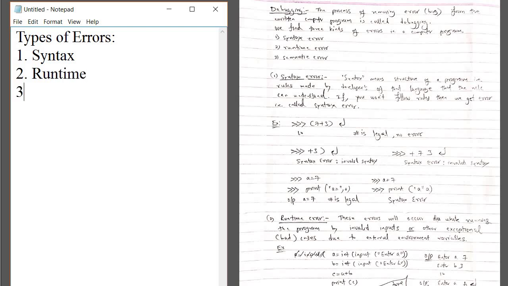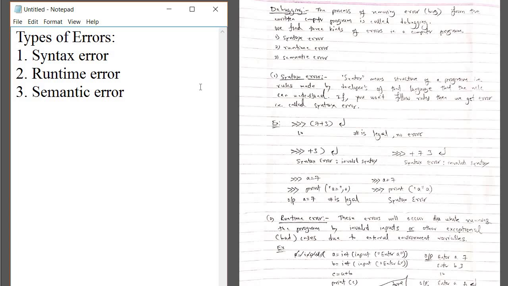Third one is semantic errors. That means there will be 3 types of errors: first one is syntax error, second one is runtime error, last one is semantic error. Now we study about all these one after another.